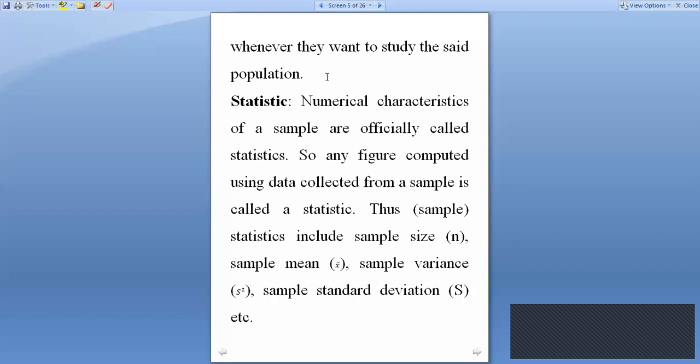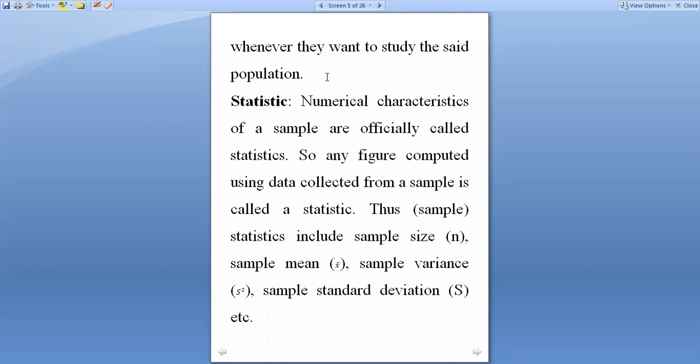For example, whenever you want to study anything about students of KIU, you will select a sample. You will use that sample data to understand the nature of students in KIU. And therefore, the statistical tools which you will use to make generalizations are the ones we refer to as the inferential tools.